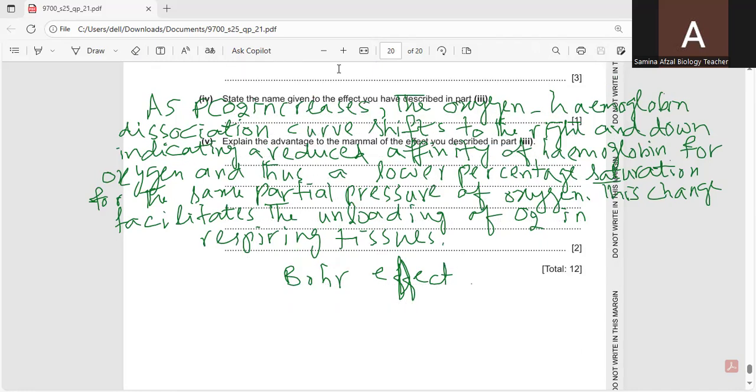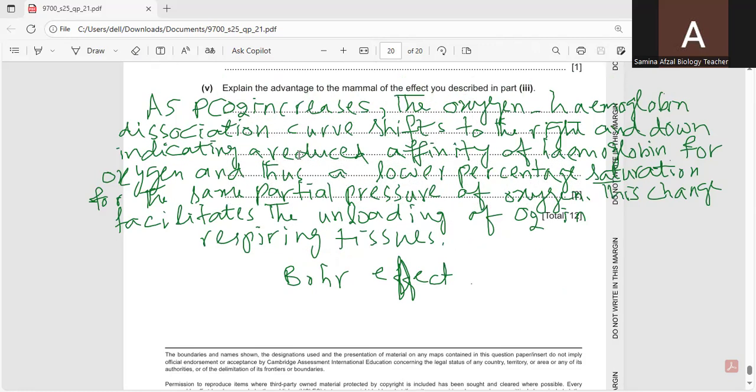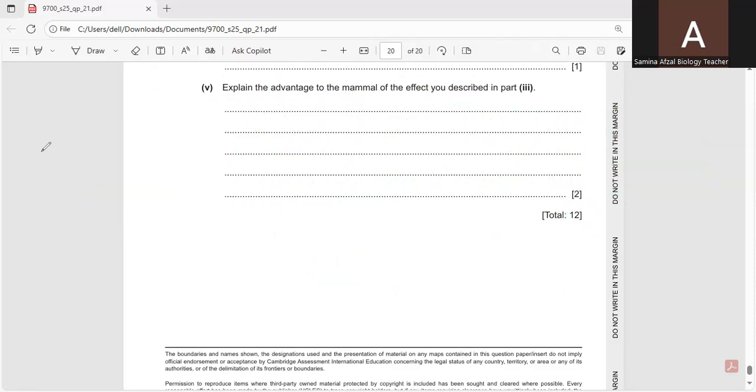The last question is: explain the advantage to mammals of the effect you described in part 3. I am going to answer what the advantage can be.